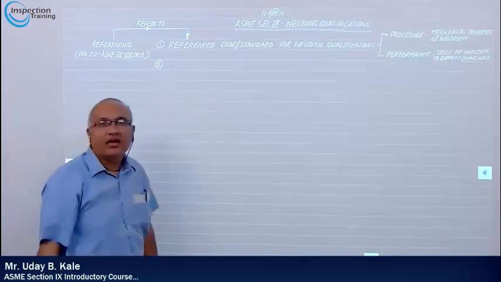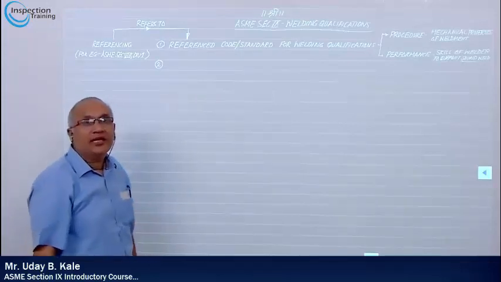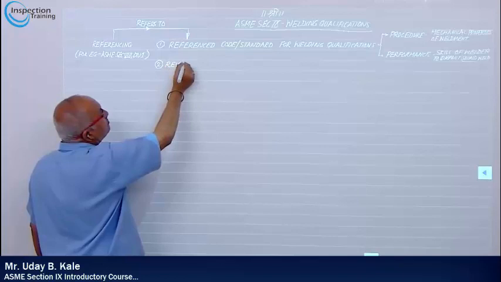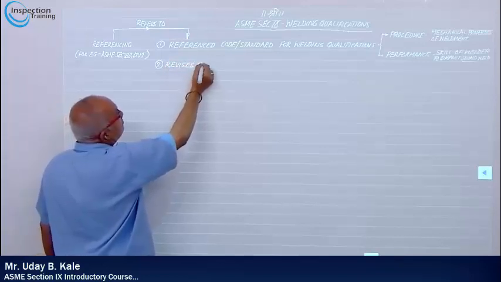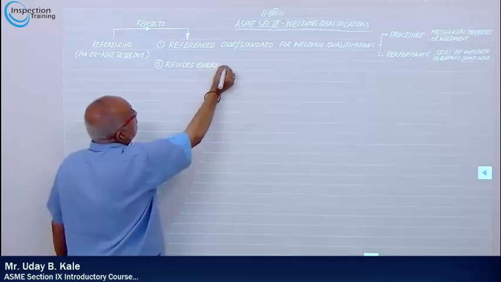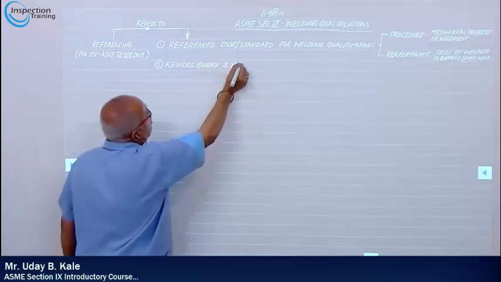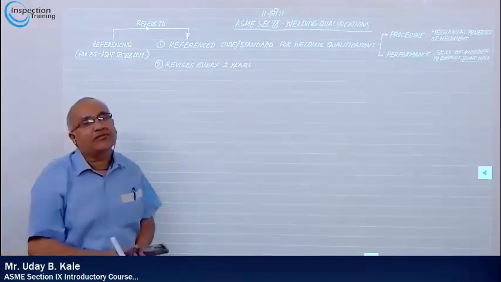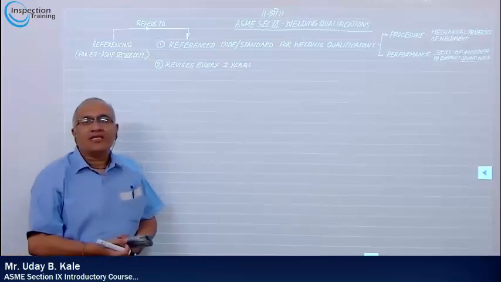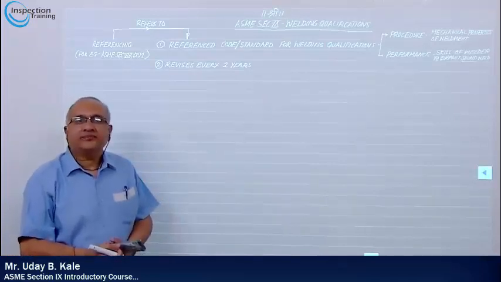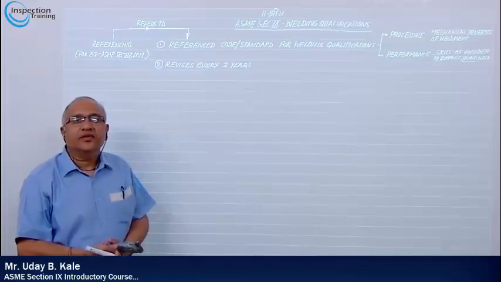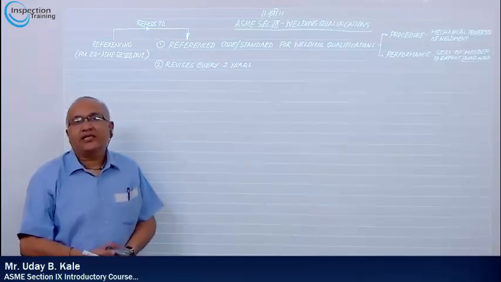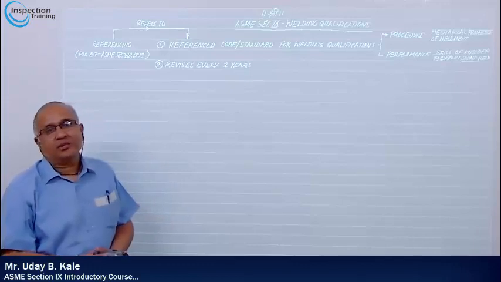Since this is an ASME document, it revises every 2 years, and there are no addenda in between. Generally, when you talk about the publication date, it is usually July.